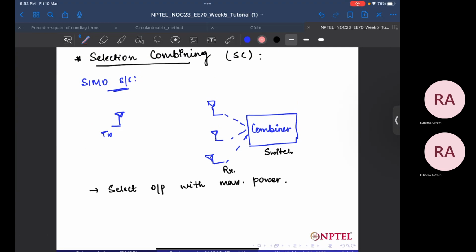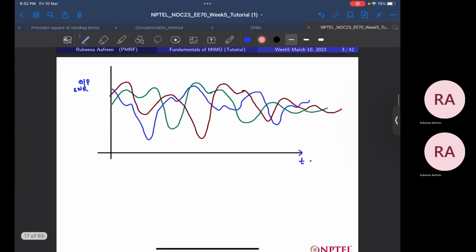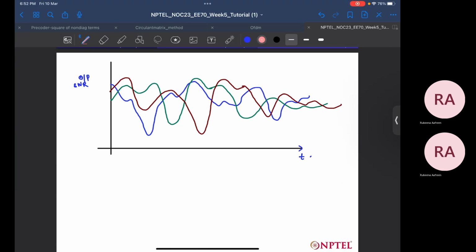The switch will always select the output which has the maximum power instantly. At every instant it will be checking, and whichever has the maximum power, it will select that one output.